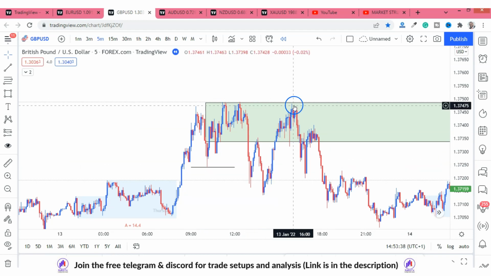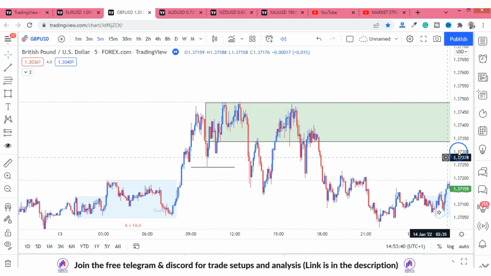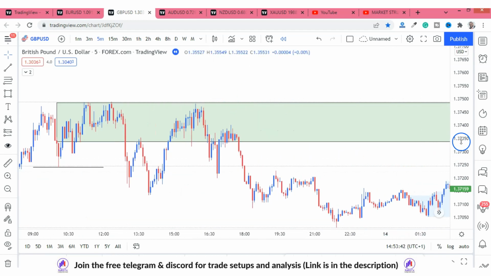As price trades in here, this is the flow. We look for the same thing here: manipulation, because we don't expect price to trade above this. Manipulation, break of structure.